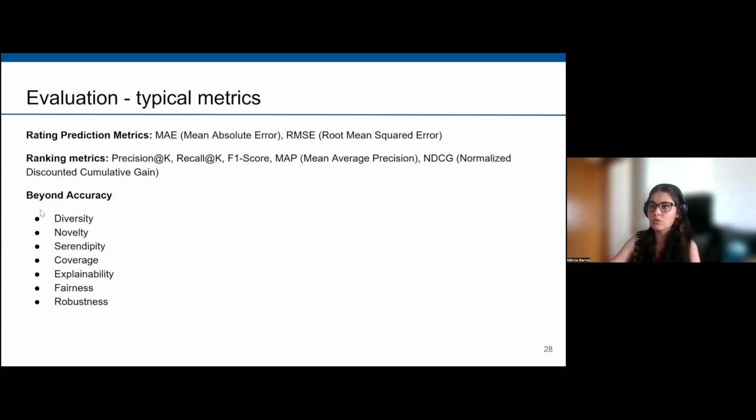Or I can use ranking metrics, which will evaluate in a list roughly how many relevant items I have in that list. But beyond accuracy, we also usually consider serendipity, coverage, explainability, fairness, and robustness.